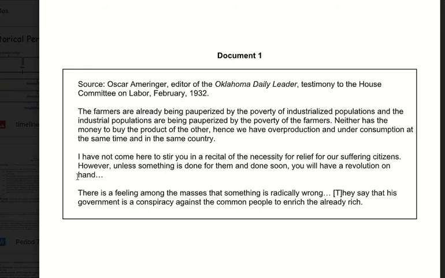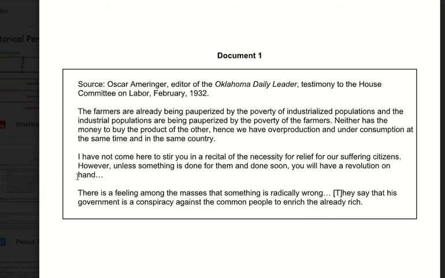What New Deal program did they do to try to help farmers? That's the AAA. You could also talk about how the AAA was ruled unconstitutional by the Supreme Court, and how it was basically an idea of government overreach. But the AAA was there to try to make things better for farmers, and they basically paid farmers not to grow crops, and this was to try and regulate the price of crops.